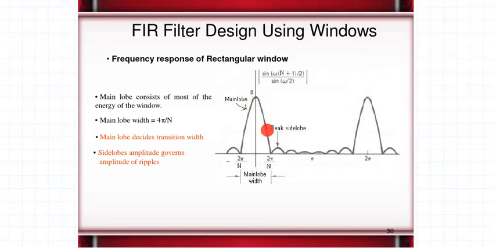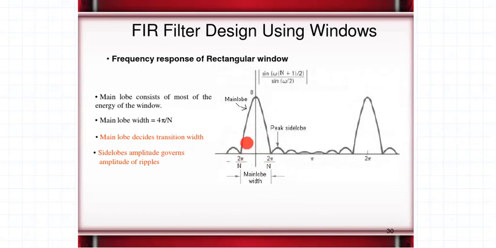So this is the main lobe, and what follows after the main lobe are all called the side lobes. So here in the case of the rectangular window, what is the width of the main lobe? The width of the main lobe is 4π/N. You can see here, the width of the main lobe is 4π/N.